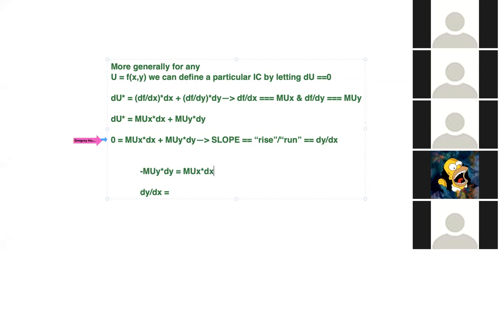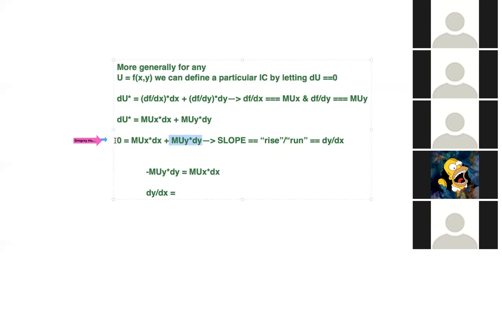Does that make sense, Miriam? I just subtracted that from both sides, right? So 0 minus that just leaves that, right? And then I'm going to divide both sides by minus MUY, and then divide both sides by dx, and then I'll end up with minus MUX divided by MUY.